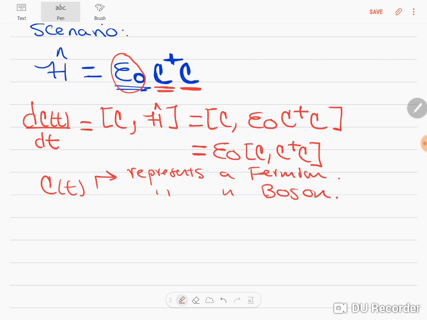Okay, and now I can tell you this: the particles that are represented by these operators are in this case fermions.